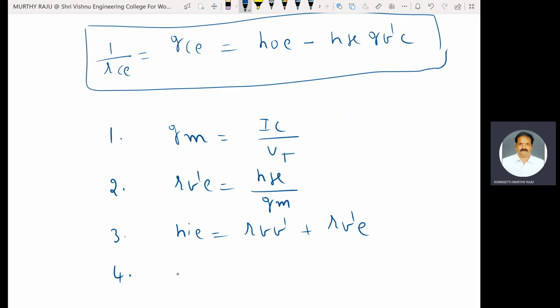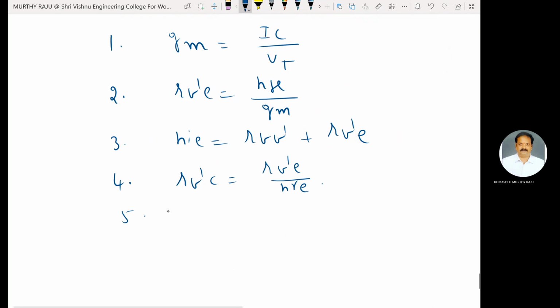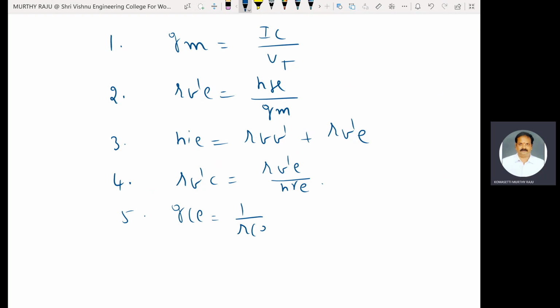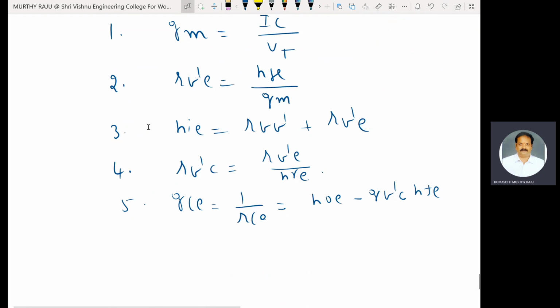Fourth one is RB'C equal to RB'E by HRE. Fifth one is GCE, equal to 1 by RCE, equal to HOE minus GB'C HFE. These are the important parameters.